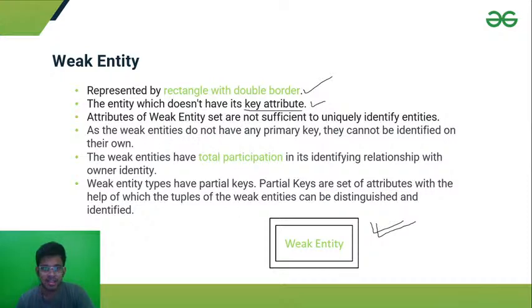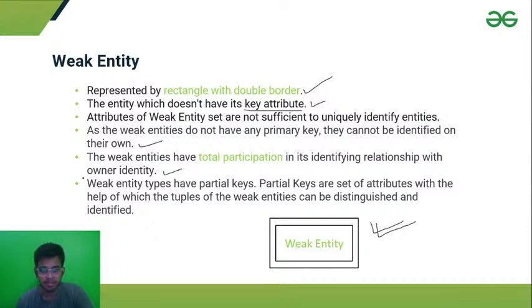As it is written, the attributes of a weak entity set are not sufficient to uniquely identify entities. So as the weak entity set does not have any primary key, it cannot be identified on its own. And the weak entity set has total participation in its identifying relationship with the owner entity.